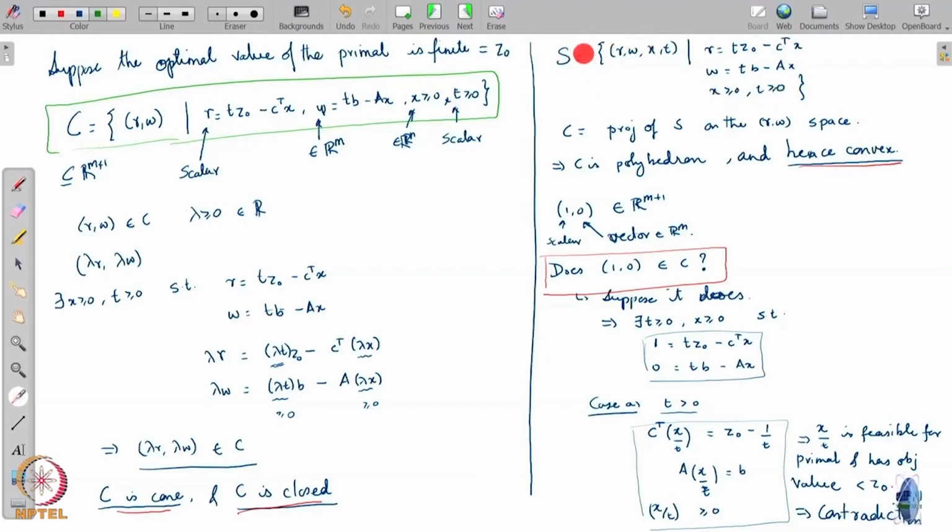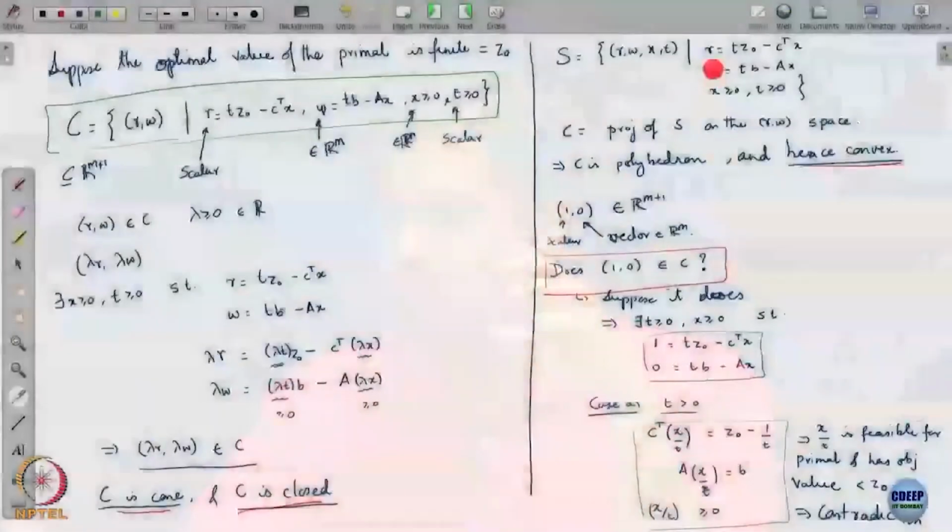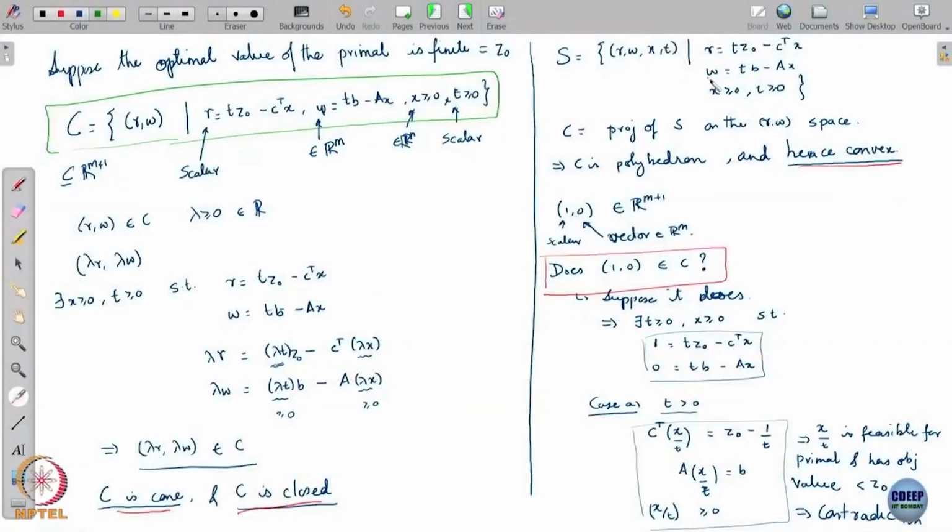And what does this set S have? The set S has a representation of the feasible points for the primal as well as the feasible points for the dual. Effectively it has an x which captures the feasible point of the primal, and it has a w which captures a variable for the constraints, one for each constraint.